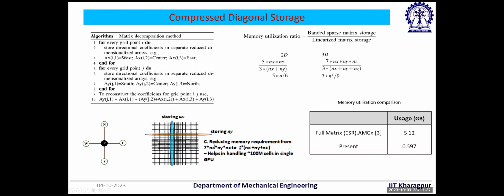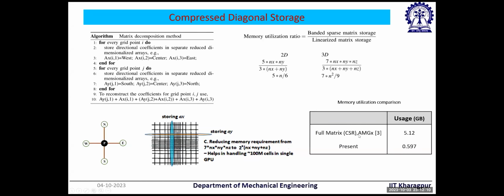So instead of using a simple diagonal storage which requires 7 data points for each row, we only stored the x directional, y directional, and z directional elements for each of the lines, and that reduced the memory requirement significantly, from the order of n square to n. In a 2D problem, it reduces the memory requirement by n times, and in 3D by n square times.